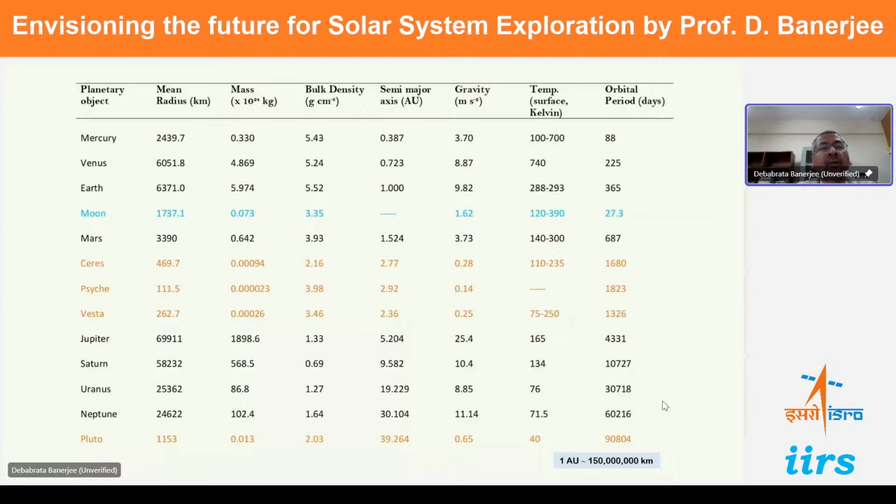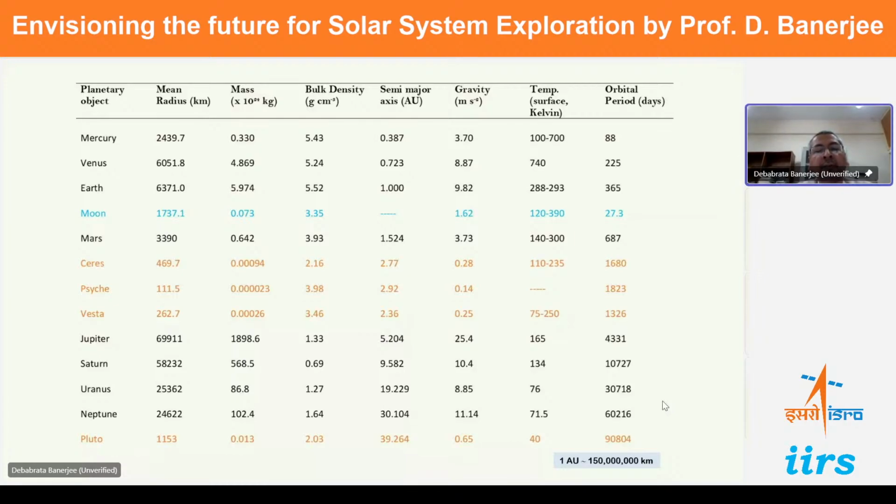Okay, so these are bulk densities, and you can see a big difference in the density between that of the inner solar system bodies, which are rocky bodies, and the outer gas giants or the ice giants, the gas giants being Jupiter and Saturn, primarily composed of hydrogen.